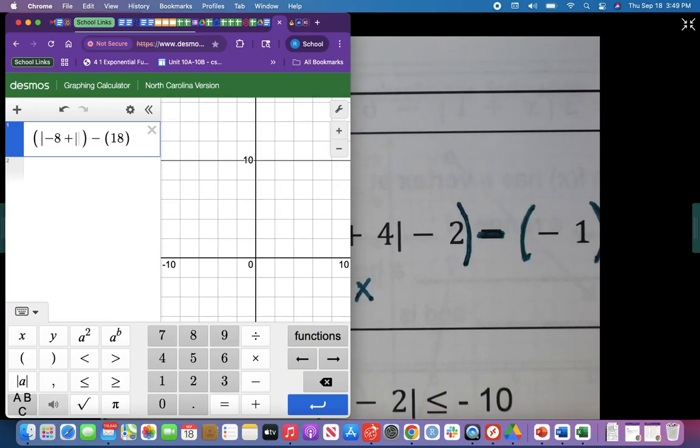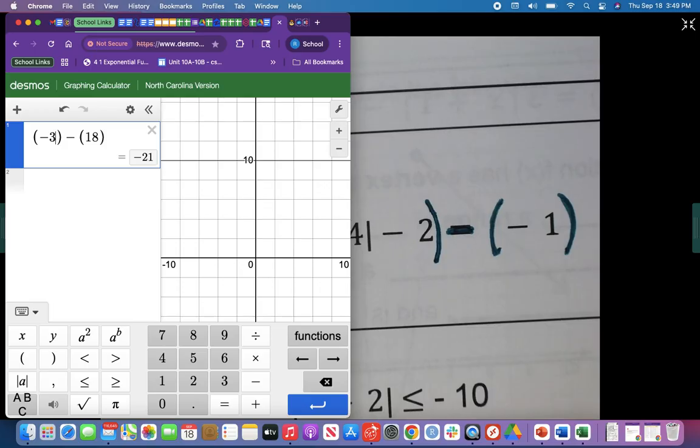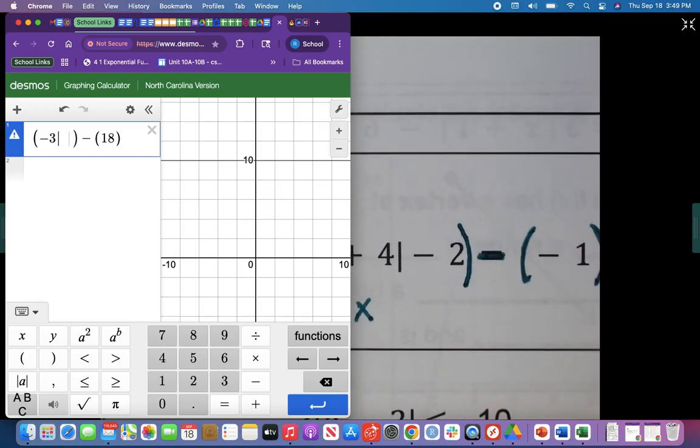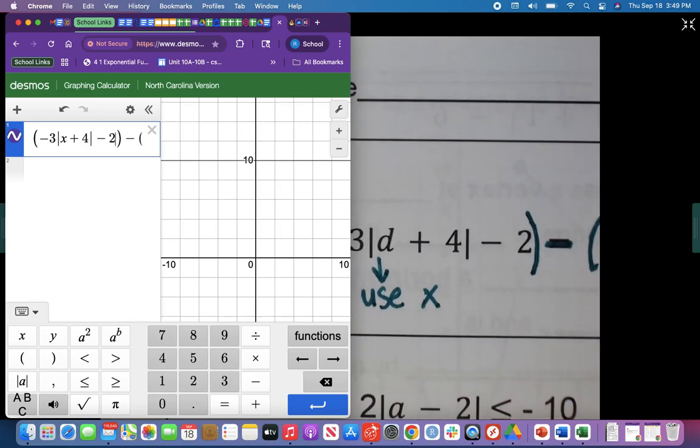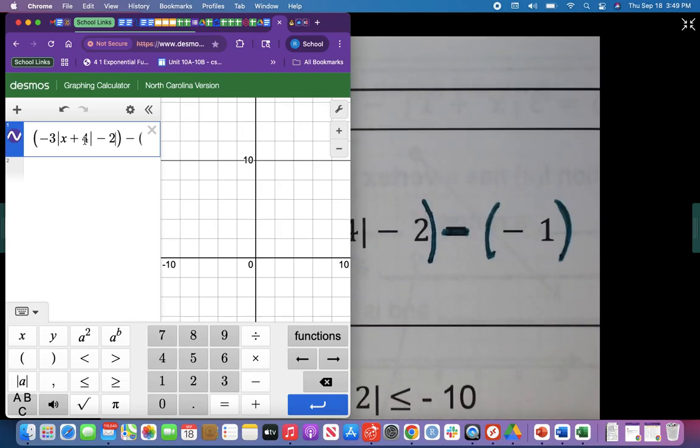So I've got negative 3, absolute value, x plus 4, and then minus 2. And then on the right side, I've got negative 1.